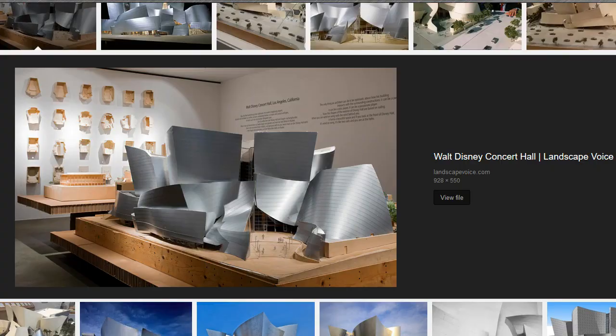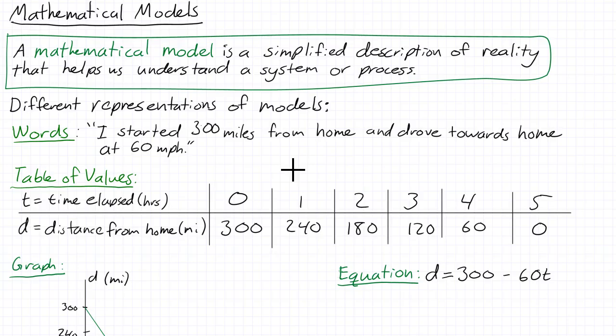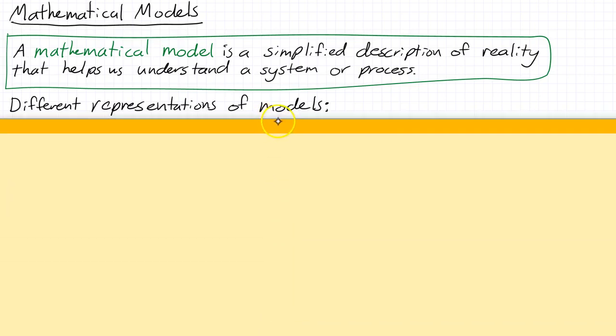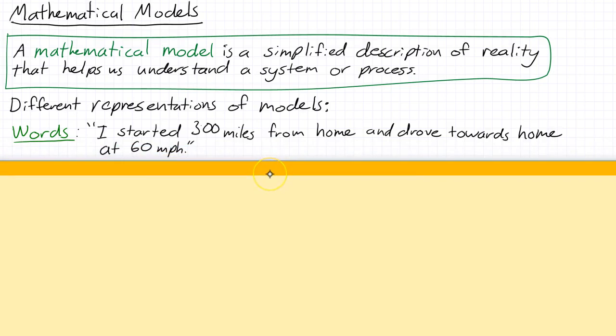And just like that in math, we're going to describe a real life thing in a way that's much simpler than actually building it in real life. And that's what algebra is all about, hopefully. And so we're going to look at different ways of representing models. You could describe this thing in real life in simpler terms with words.